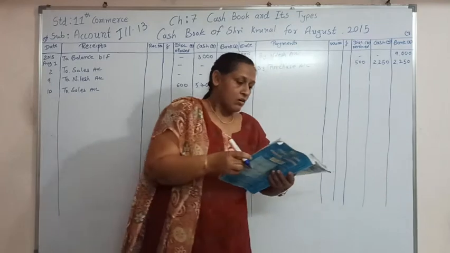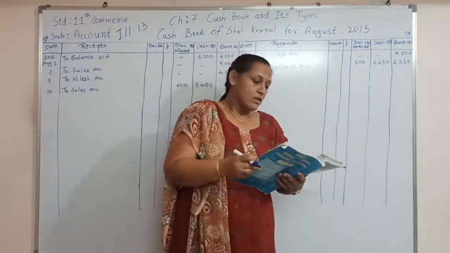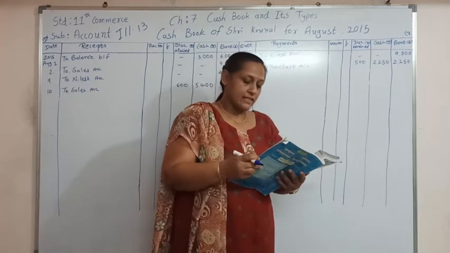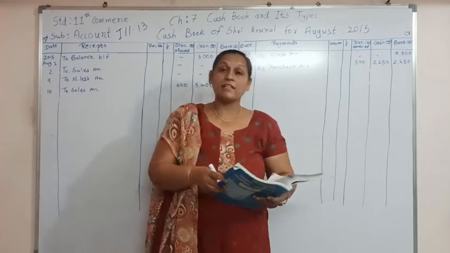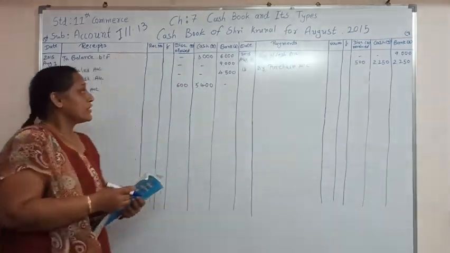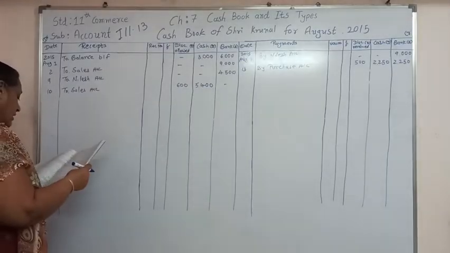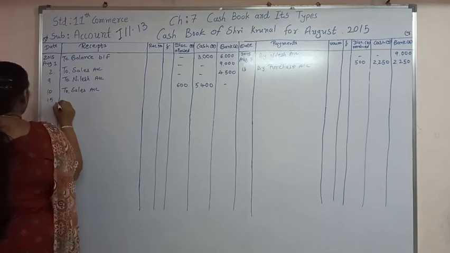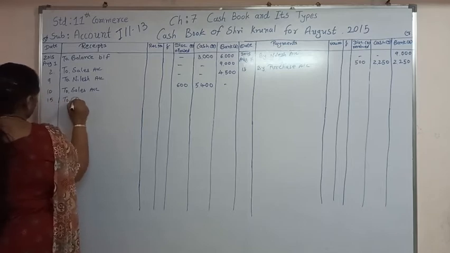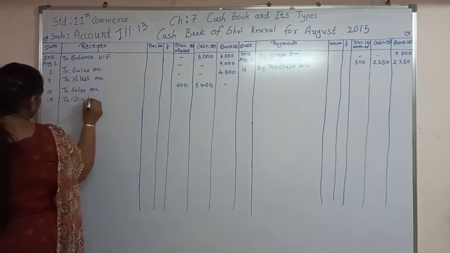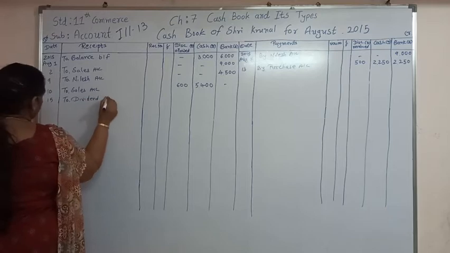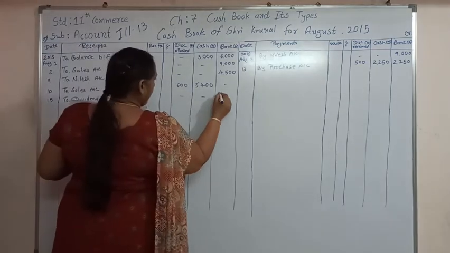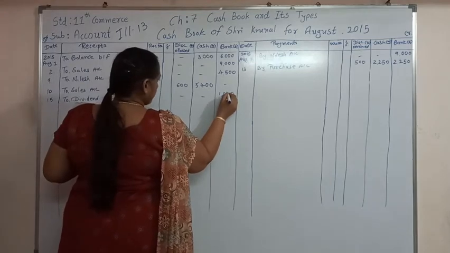Now on date number 15, the bank has collected a dividend of rupees 1,000 and credited it in our account. So that is our income. We are going to receive it, so we will write on the debit side on 15, to dividend account, and the amount will be 1,000.